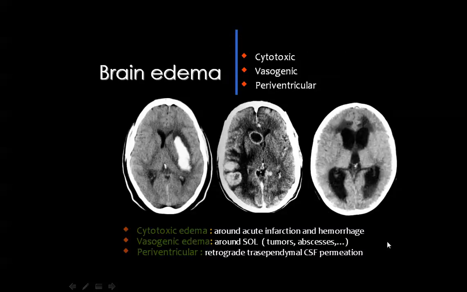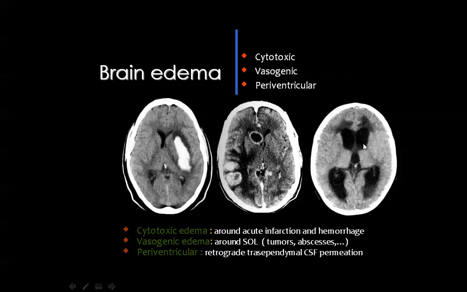Then the brain edema are one of three types: the vasogenic edema, which is a finger-like hypodensity around some of the lesions. The cytotoxic edema is a rim of hypodensity around some of the lesions. And periventricular edema is the edema around the obstructed ventricles due to obstructive hydrocephalus.